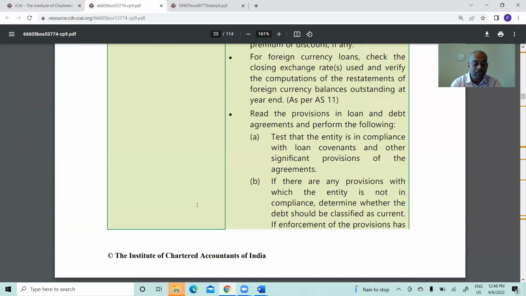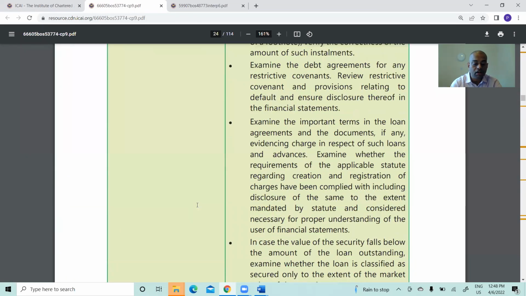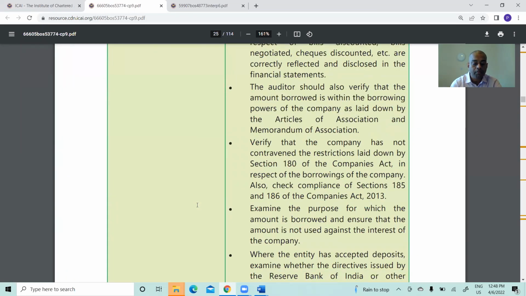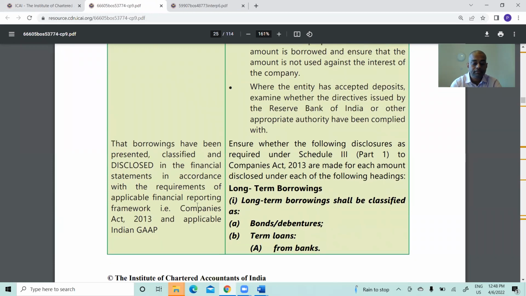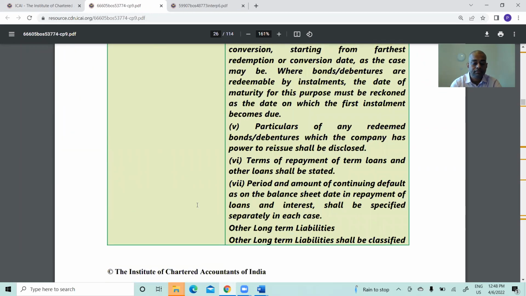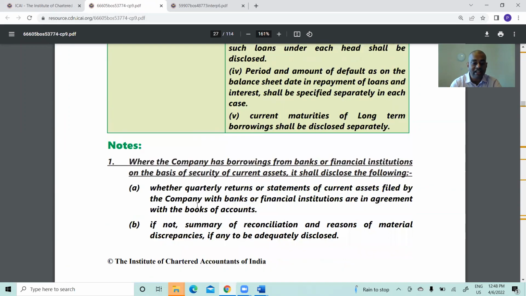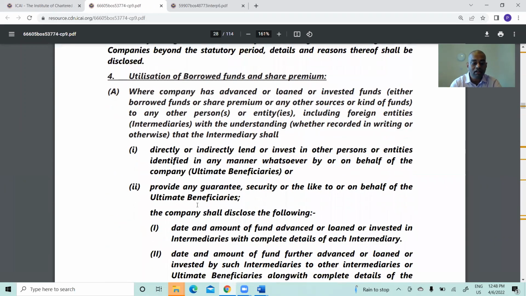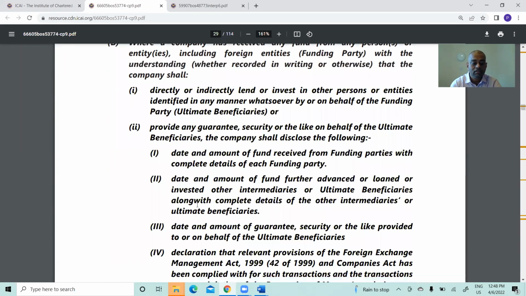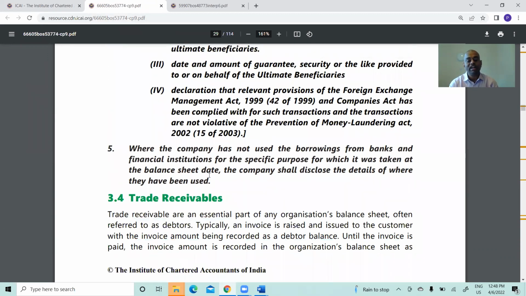What is the fourth one? Disclosure. So it started on page number 20 and is ending on page number 29. So how many pages, Sandeep? Sir, 12 pages.